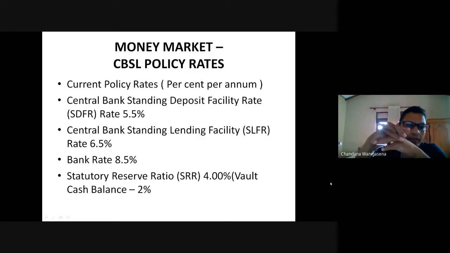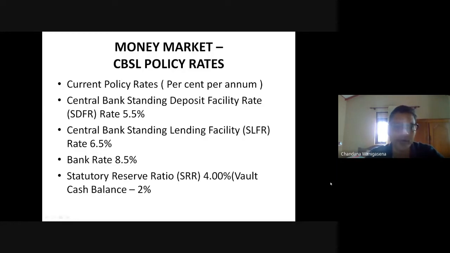But anyway, at any cost, banks take money to keep their liquidity level. Otherwise, they get into other issues. But if you frequently pay 8.5% to the central bank, it is eating into your profits, because 8.5% is very costly, right?